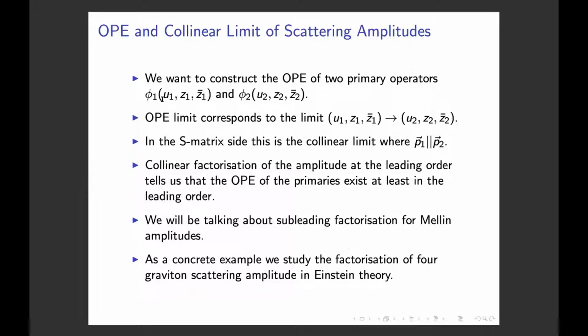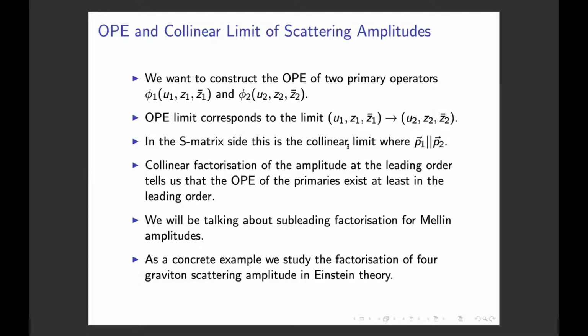So we want to construct, for example, the OPE of two operators, say phi 1 of u1 z1 z1 bar and phi 2 of u2 z2 z2 bar. Now the OPE just corresponds to the limit where u1 z1 z1 bar goes to u2 z2 z2 bar, but we will see that there will be no singularities in u.